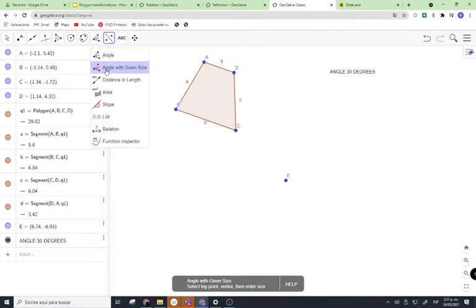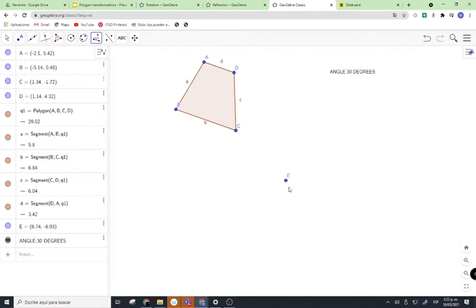I am going to use this tool. Here in the part of angles, there is this second tool that is angle with given size, because it allows you to create any angle with the measure that you want. So I am going to select it, and I am going to do the same with all of the points and the center.